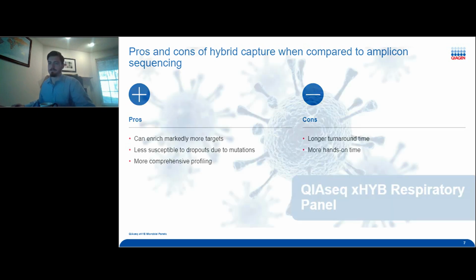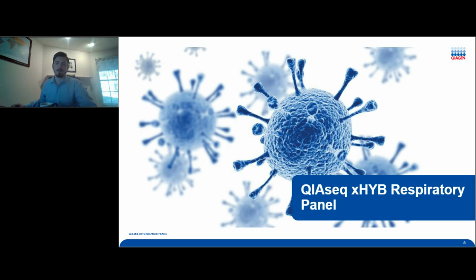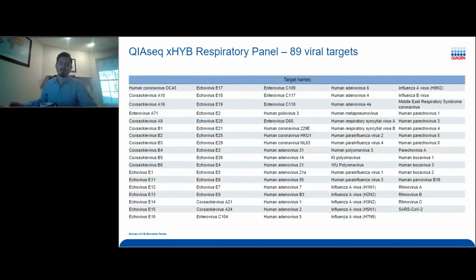Now I'm going to move on to some specific detail about our respiratory panel. Displayed on your screen right now are the 89 separate viruses that this panel targets. Again, I want to highlight that this list is available on the QIAGEN.com product page, and it will give you more time to go through this because there are quite a few different viruses in here.